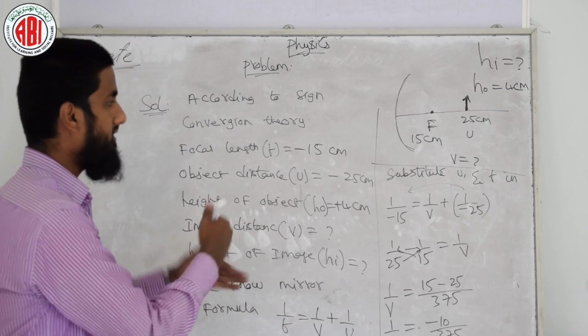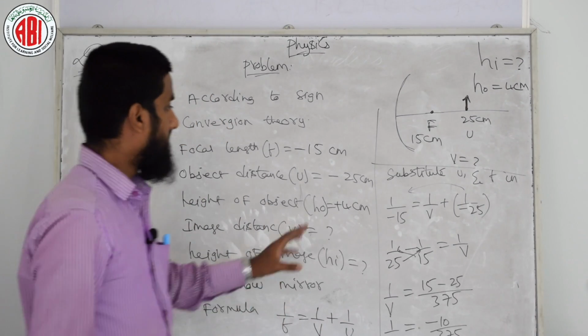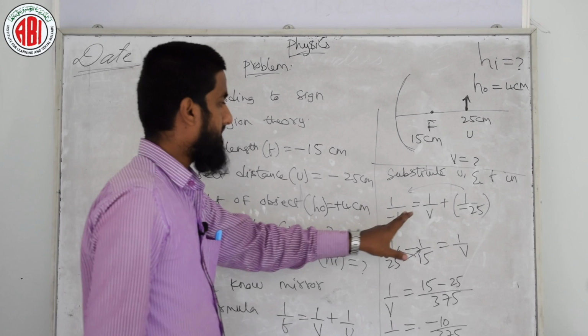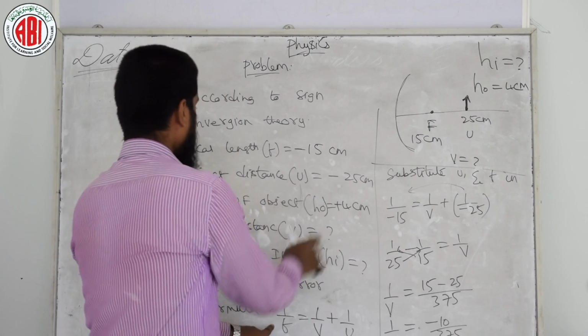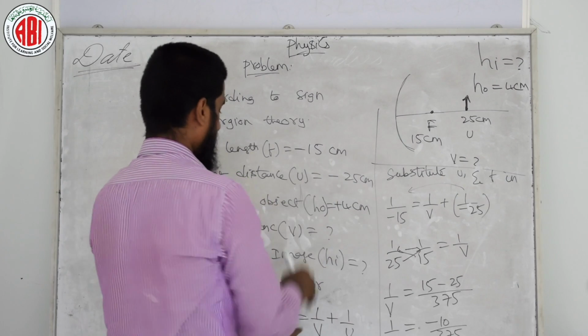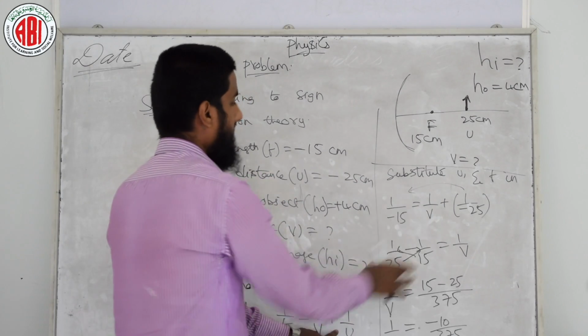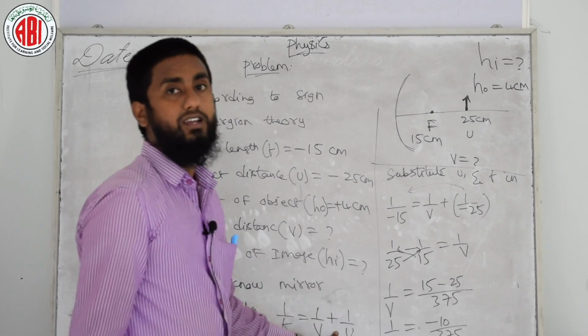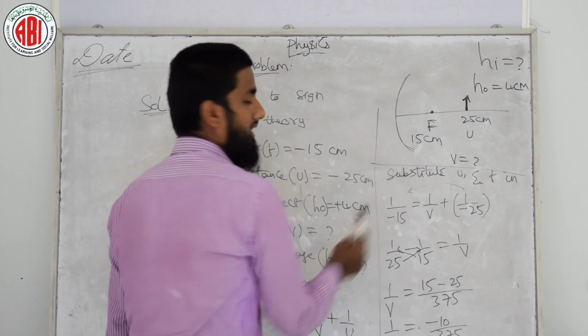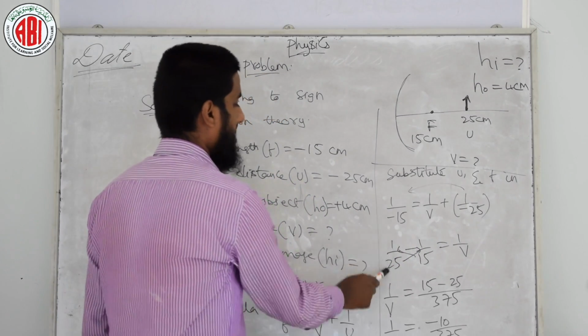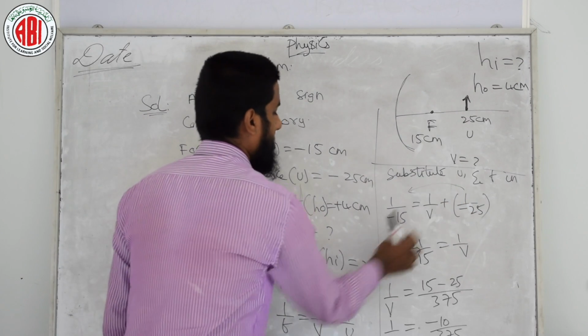After that I am continuing after rubbing the board. This is very simple. Once again I am explaining. We substituted the value: 1 by f means minus 15, 1 by v as it is, and in place of u I wrote minus 25. Now this minus 25 goes to the left hand side, it becomes plus 1 by 25, its minus becomes plus.